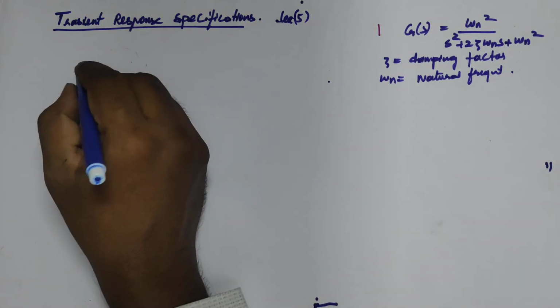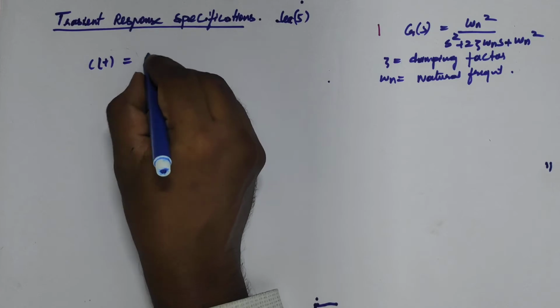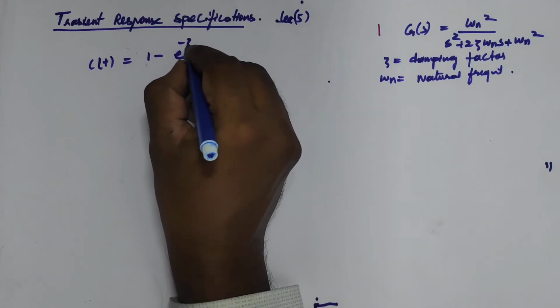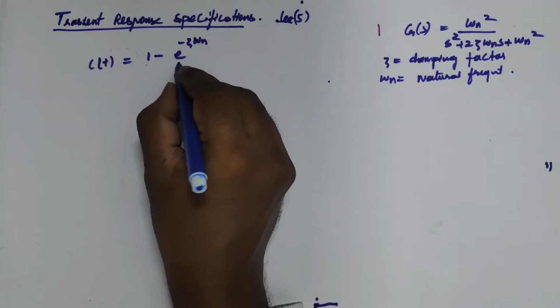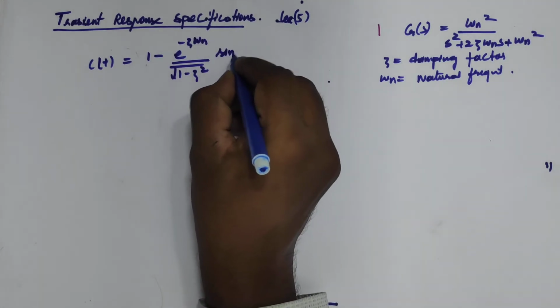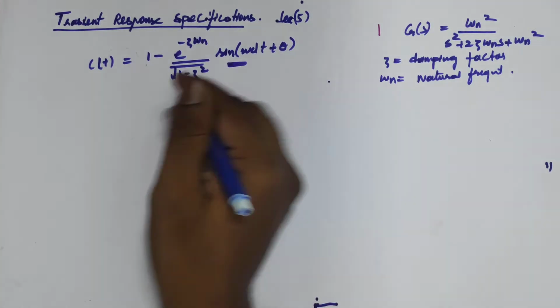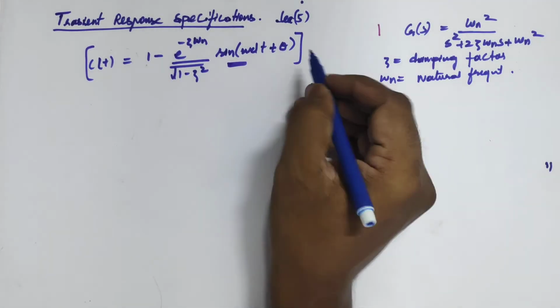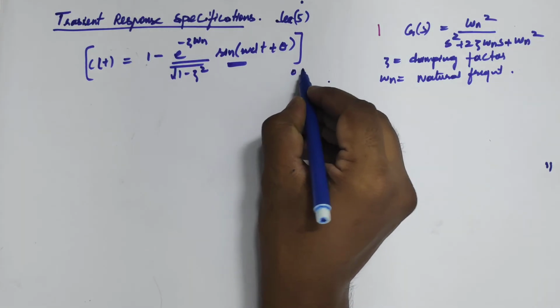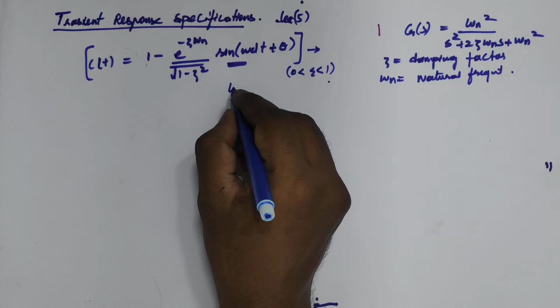that is C of t equal to 1 minus e power minus zeta omega n t by root over 1 minus zeta square into sine of omega d t plus theta. This is the expression obtained for the damping factor 0 less than zeta less than 1, that is for an underdamped system.